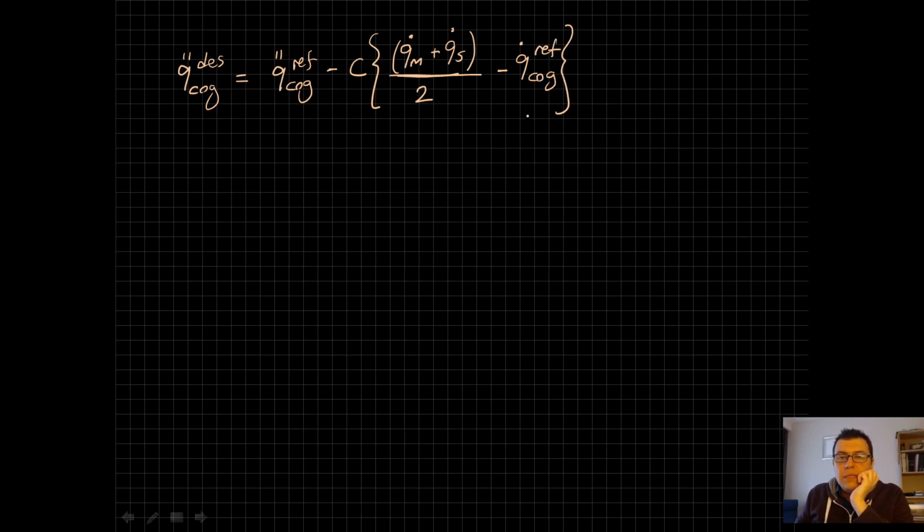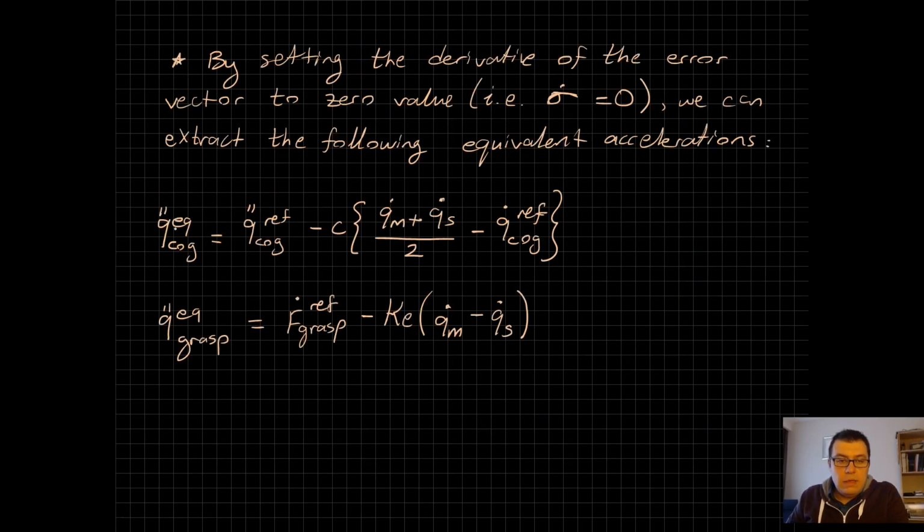This part comes from the equivalent acceleration, which keeps the error at zero rate of change.